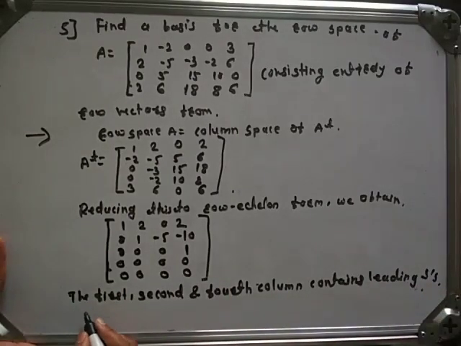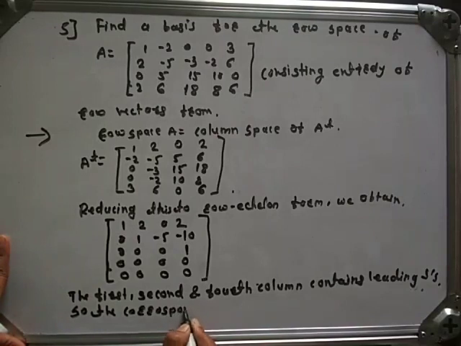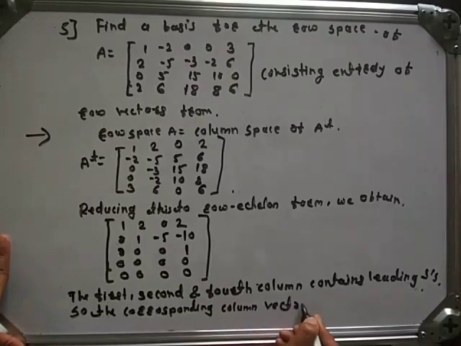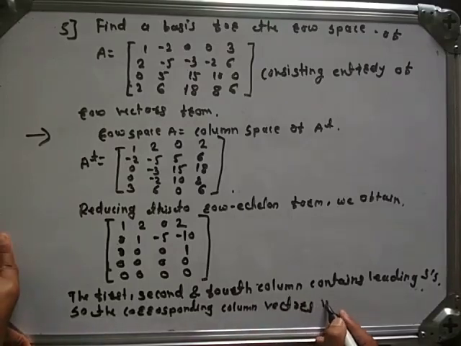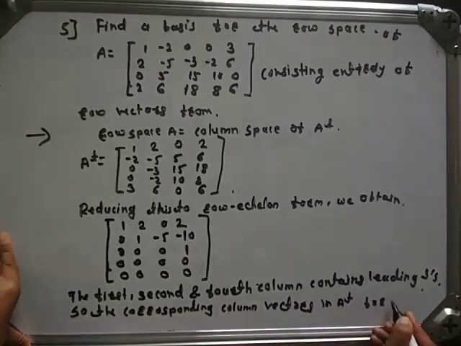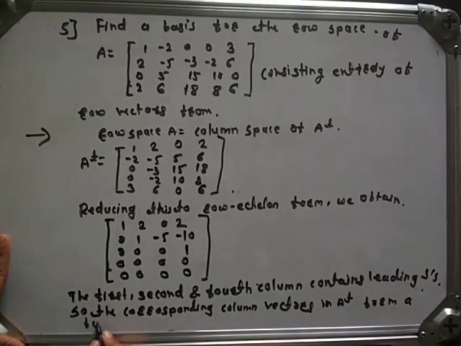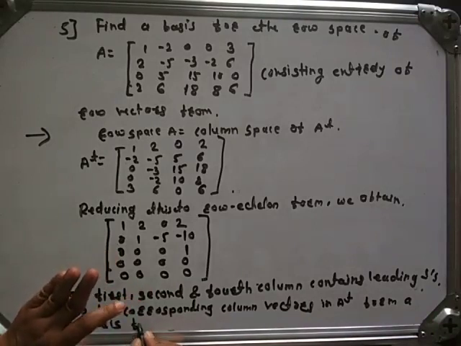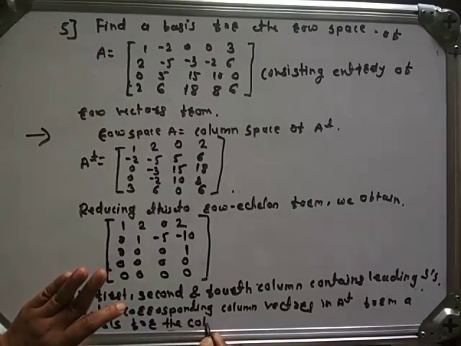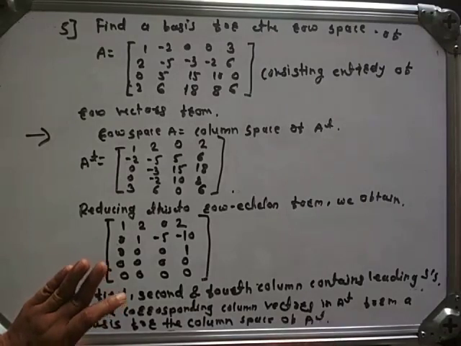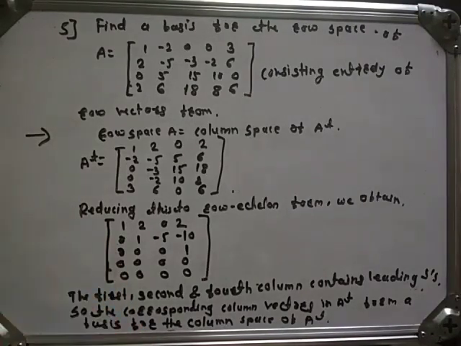So the corresponding column vectors in A transpose form a basis for the column space of A transpose.